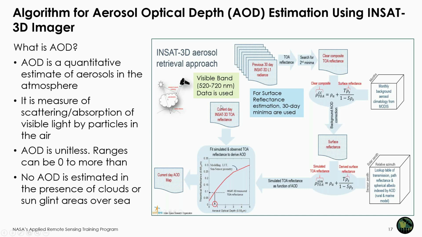So as you can see, it's a little bit complex process because we do not have more than one channel. So using a single channel approach, we are able to generate AOD, which is not an ideal situation. However, since we have this INSAT 3D imager data at 1 kilometer spatial resolution every 30 minutes, we are able to get some idea about the aerosol variability using this type of observation.